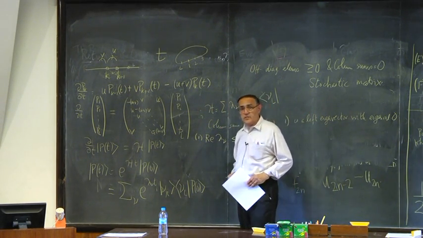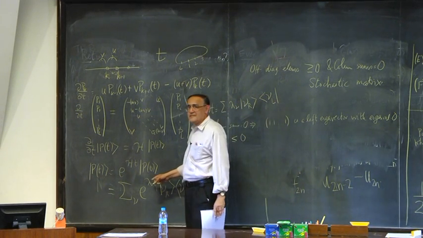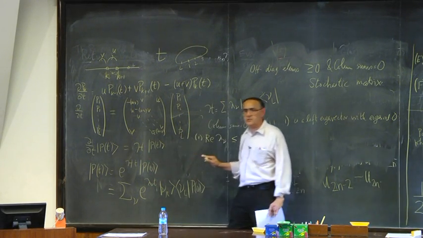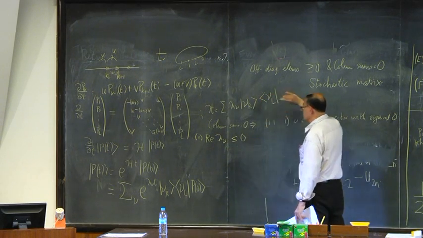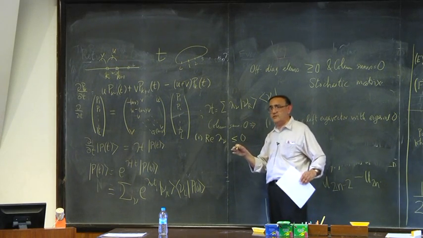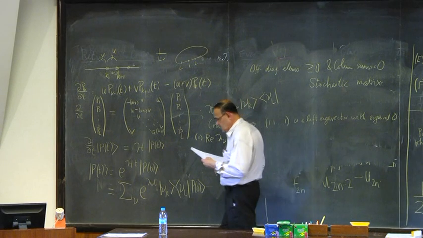If lambdas were not negative or 0, they would be positive and you would get blow ups. This is the rough reason why this is not allowed. There is a rigorous proof of this just using the stochastic matrix property, and if time permits maybe we will do it. But anyway, this is the first property.